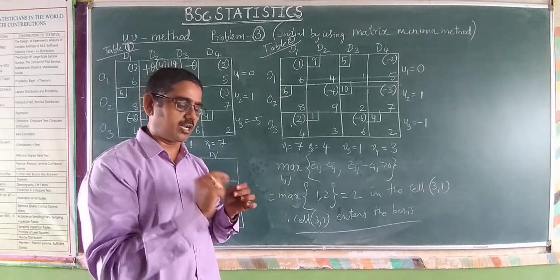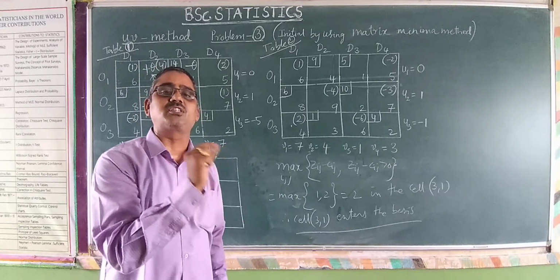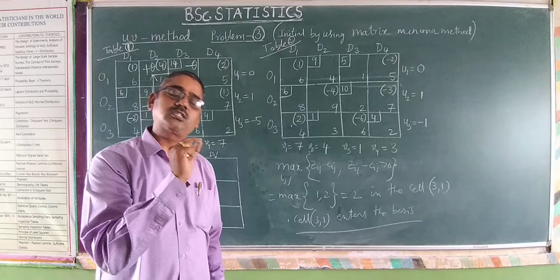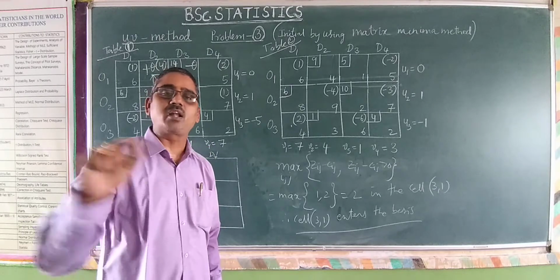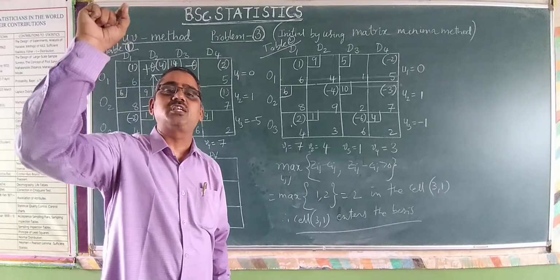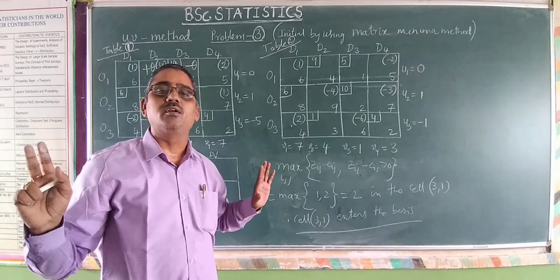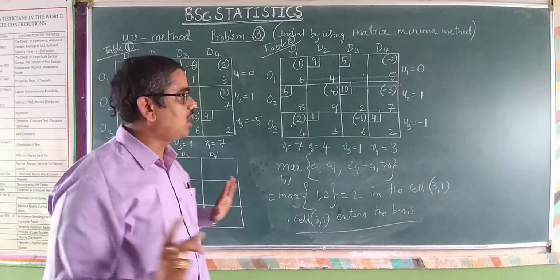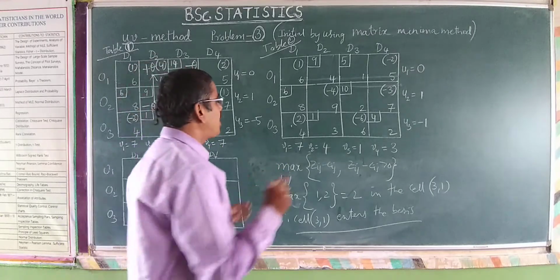You just take a direction, start from the non-basic cell and start drawing the loop. Go in one direction, turn to another basic cell, and again turn to another basic cell. That's all. Please continue, whichever you get. You will get one and only one. It can be obtained uniquely.